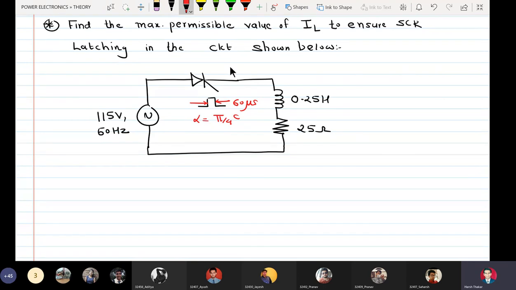So pulse duration was not given, but latching current and the load were given. So here the pulse duration is given, the firing angle is also given, and we have to find out the latching current. Firing angle was not mentioned in the previous two numericals because the input was DC, but here because input is AC, the firing angle comes into picture. Let us see how to solve this numerical.